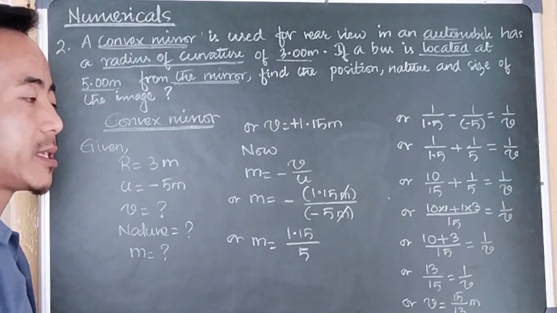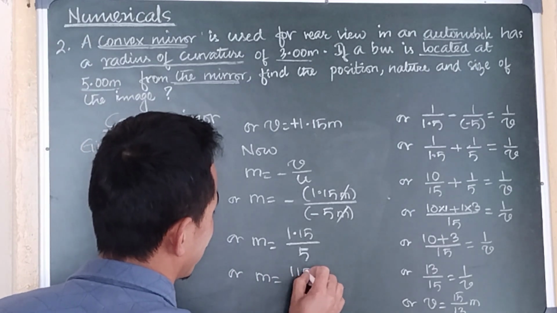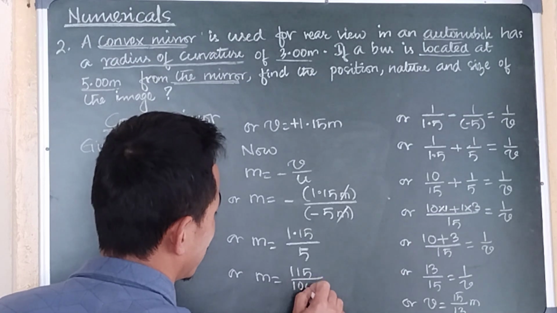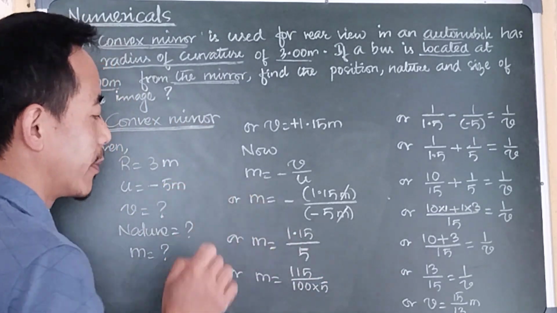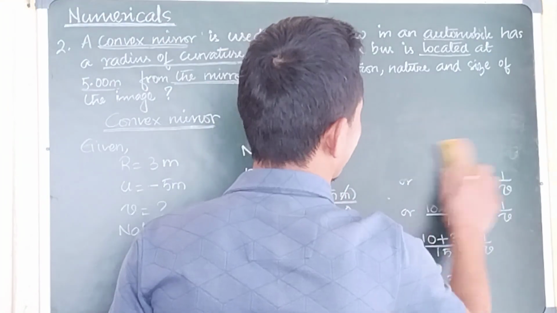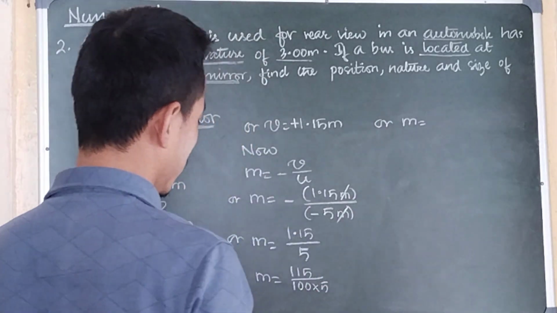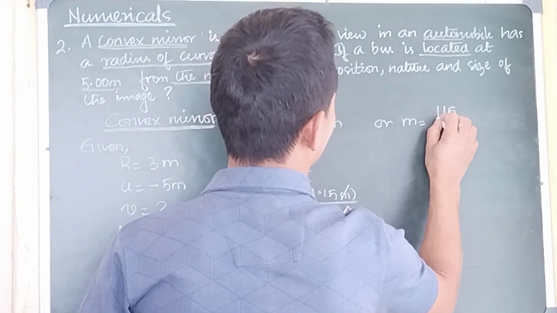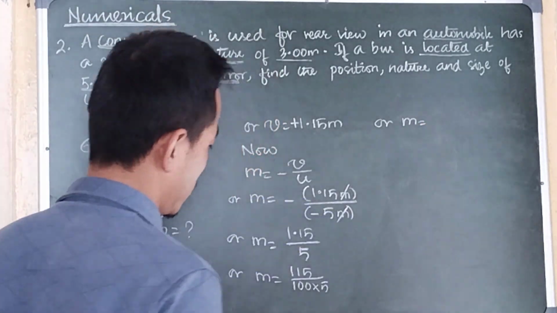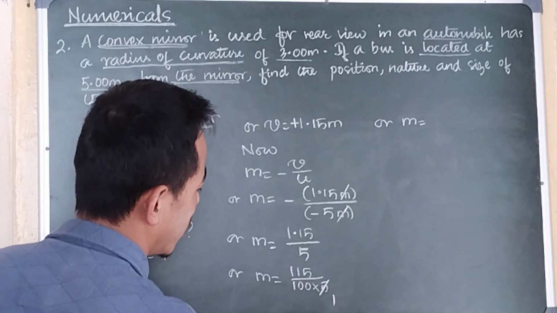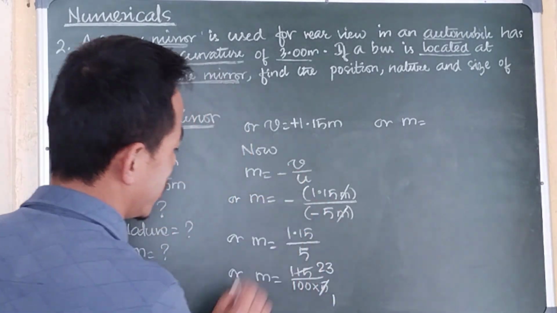If you are having problem with the decimal, then you can simplify this further. You can write down m is equals to 115 divided by 100 into 5. You have 2 digits after the decimal, so it will be divided by 100. So let's simplify further. So you can write this as m is equals to 115 divided by, or else what you can do here is you can divide like this: 5 1 5, 2 times 5 3.